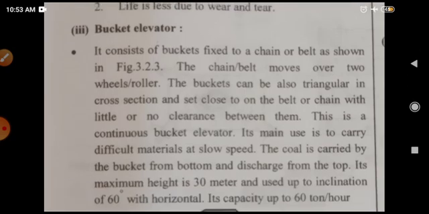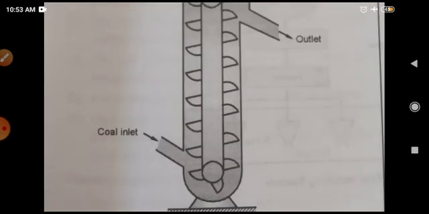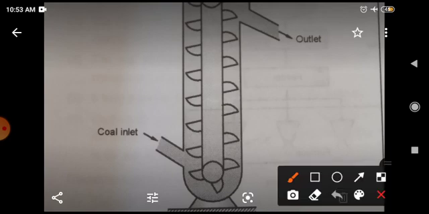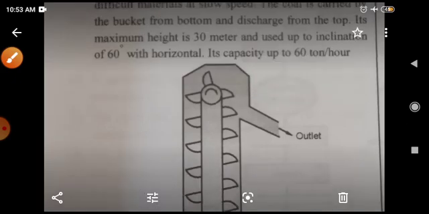Then the bucket elevator. You can see the bucket elevator over here. The coal inlet is here; coal is put at this point, which is fed in and then given to the outlet. In this way.